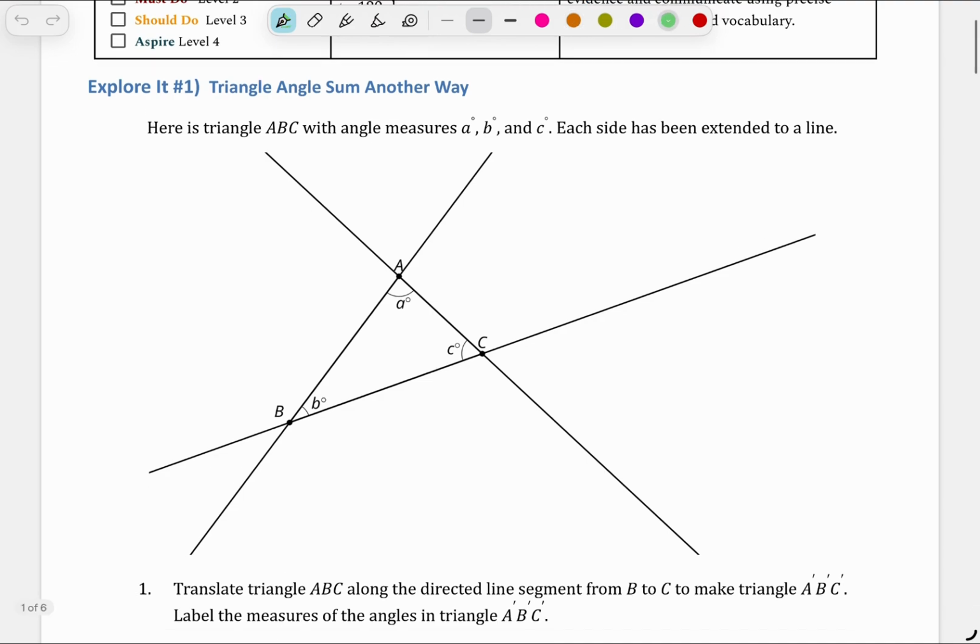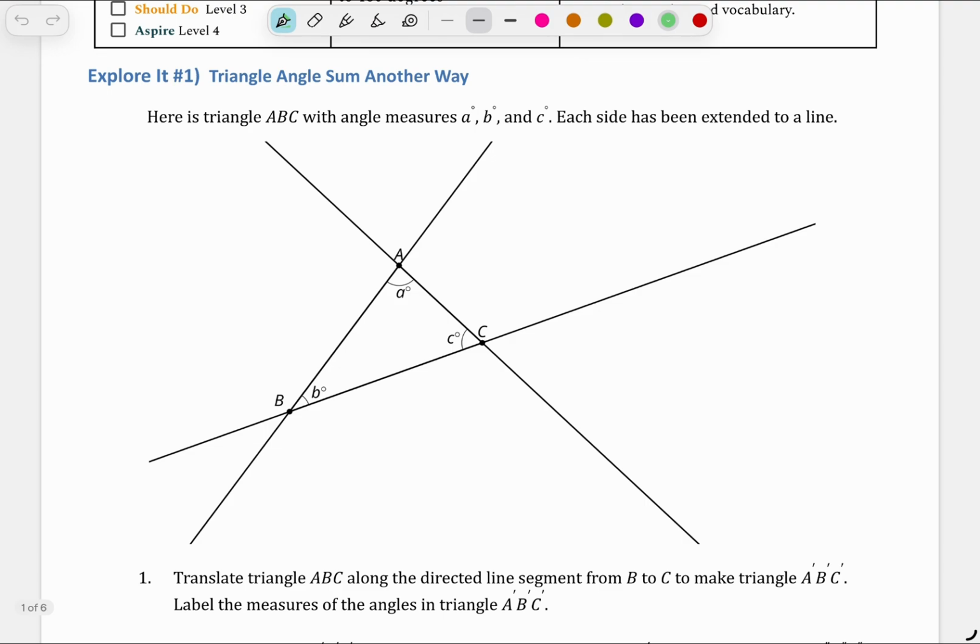So, number 1, translate triangle ABC along a directed line segment from B to C and label A prime, B prime, C prime. Okay, and I'm gonna draw the directed line segment from B to C. I'm gonna put an arrow at the end.